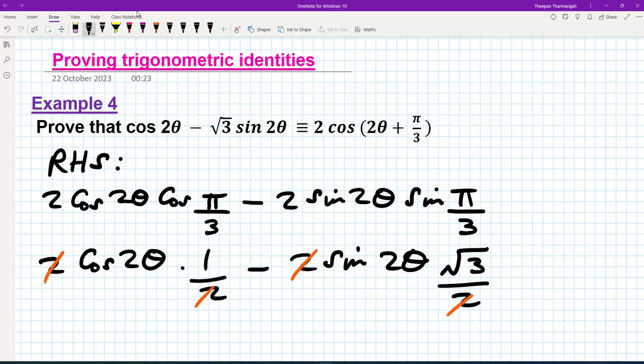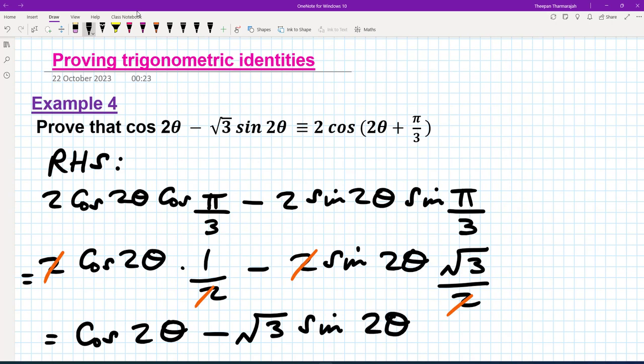So we end up with cos 2 theta minus root 3 sine 2 theta, which is the left hand side. I do realize that in the previous example I should have written left hand side as opposed to the right hand side. So that was proved.